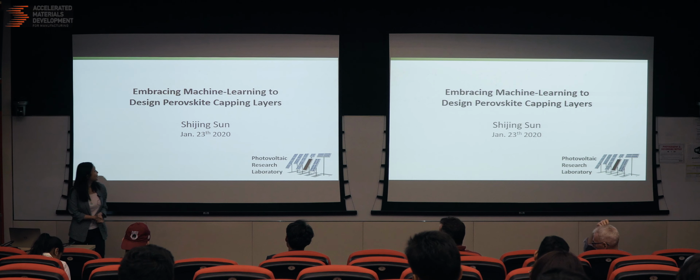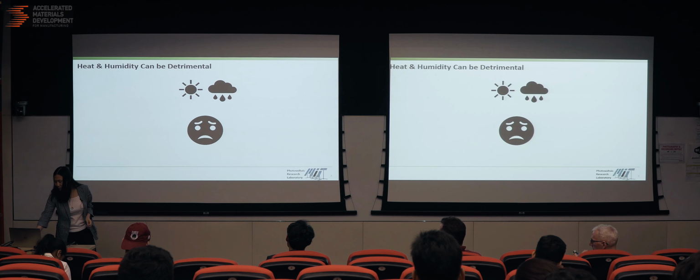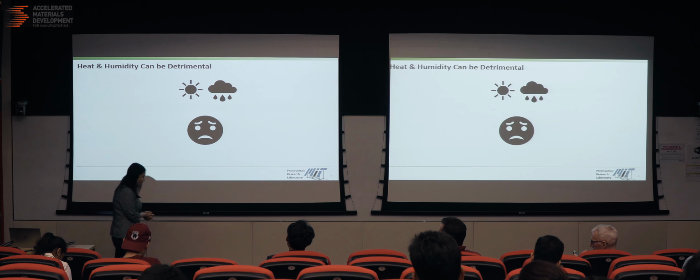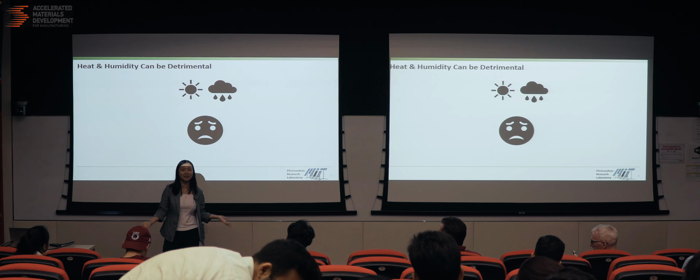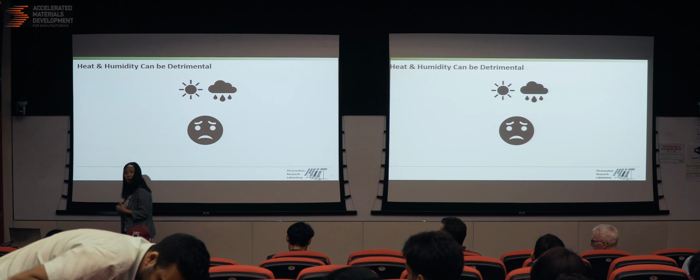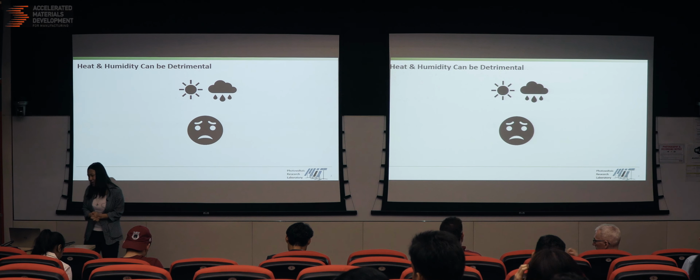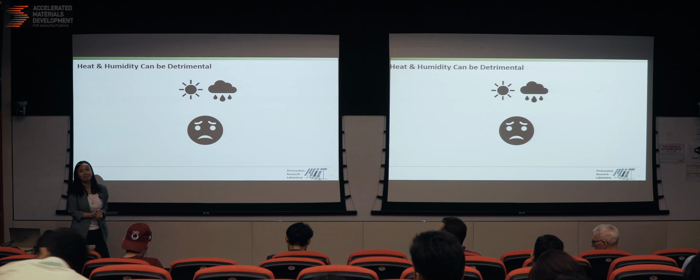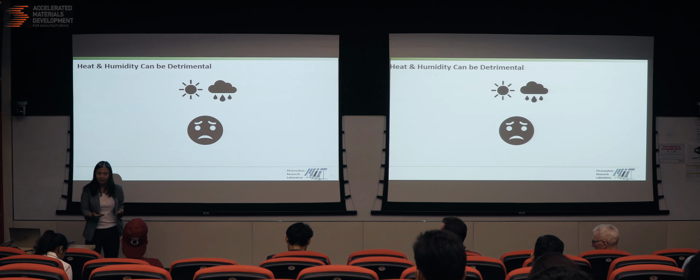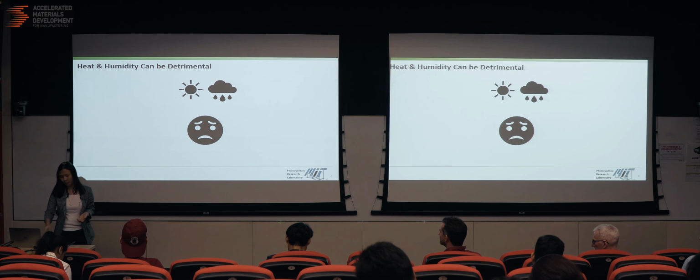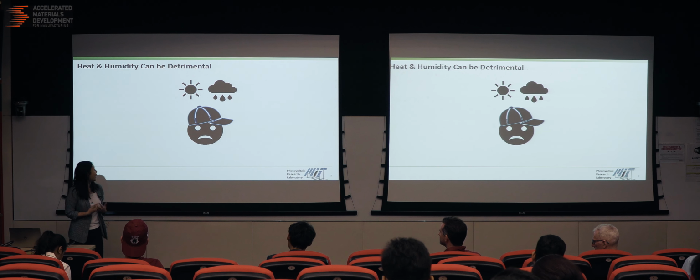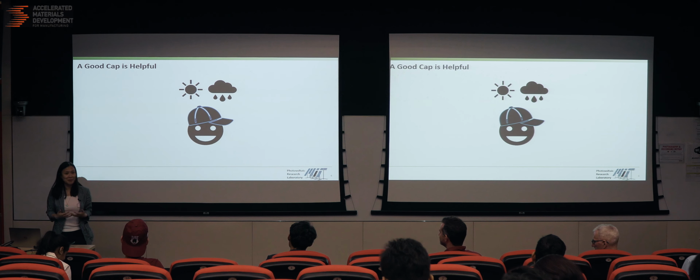So let me start. I would like to start my presentation by taking the audience to imagine if you are in a desert or in a tropical rainforest. It can be not a very happy time, right? The sun and the rain can really feel bad. But say if you have a cap here, life can be pretty happy.